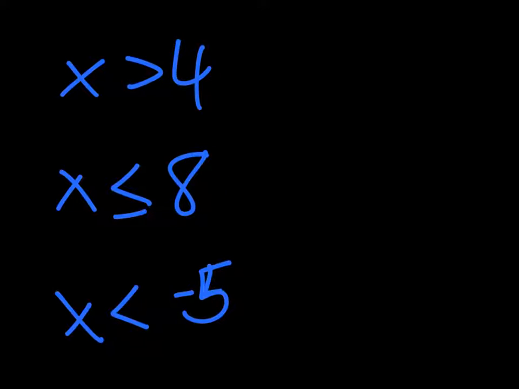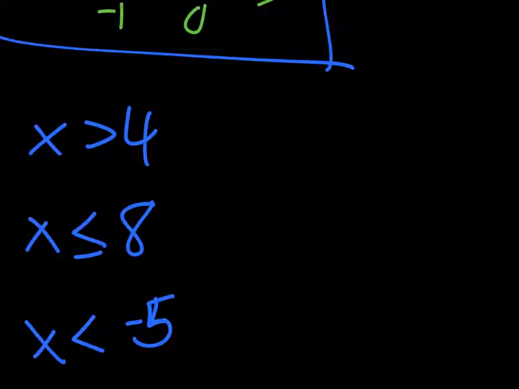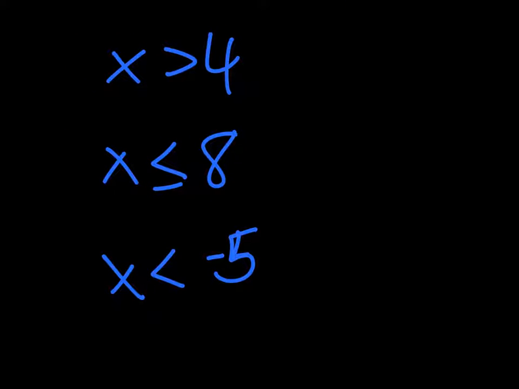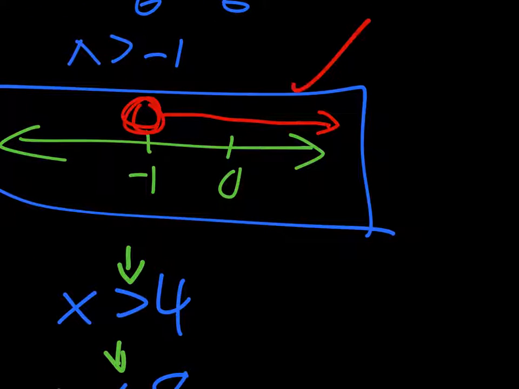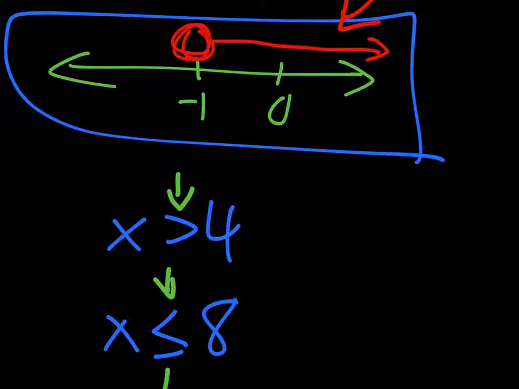For the corresponding graph for x is greater than 4, the way I think of it, you would just simply look at the sign on each one. On the sign, we want to know which direction it's facing, whether it's facing left or to the right.